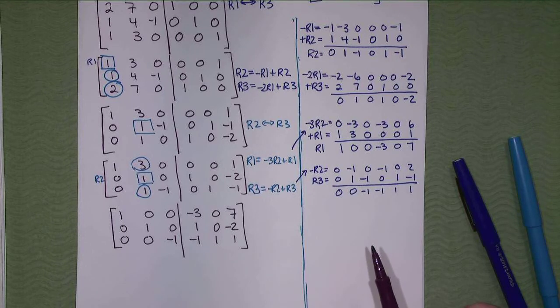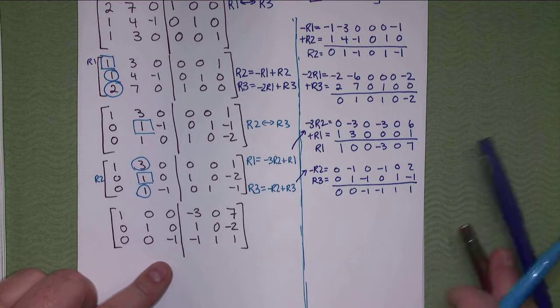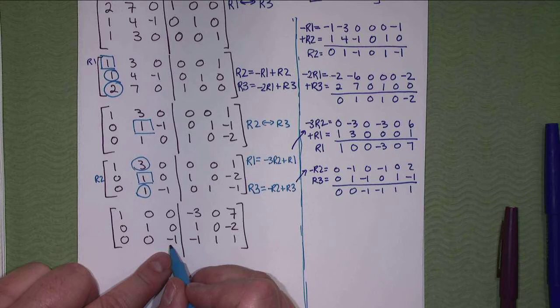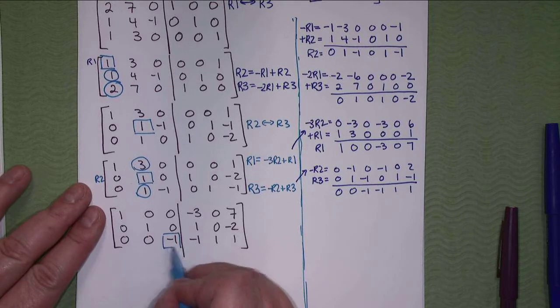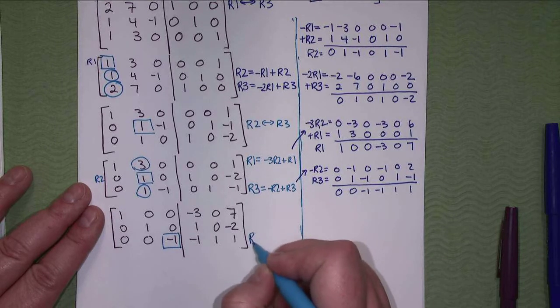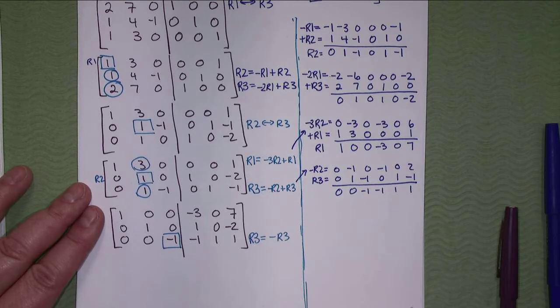So what's left? Yeah, this -1 has to be a 1. That's easy. We just change the signs, or divide by -1. And these are already zeros, so once we do that, we're actually done. Okay? So row 3 is negative row 3, or you could write row 3 divided by -1. It's doing the same thing. And just change all the signs.